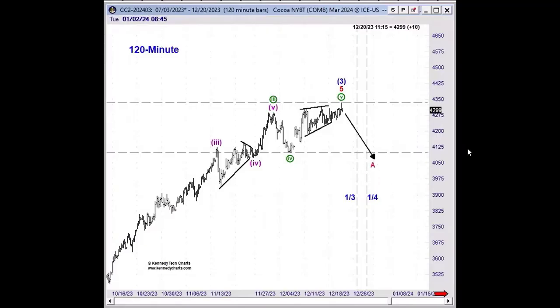Okay, I'm not going to be sweating bullets if it takes us into, say, the first week of January before we retrace the entirety of the pattern. What's most important with this guideline is, again, once the pattern is complete, the expectation is for the pattern to be more than fully retraced. Again, ideally, that retracement will occur in 1/3 to 1/2 the time it takes the pattern to take shape.